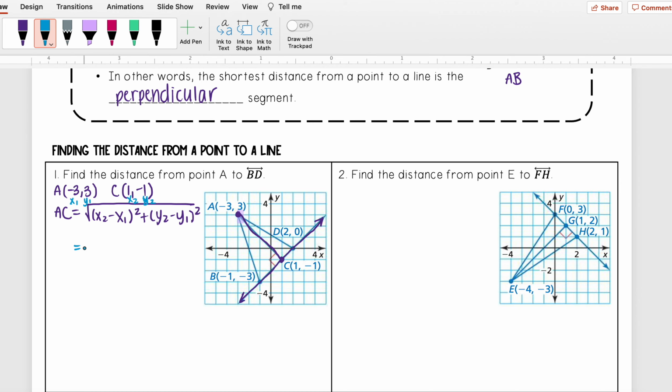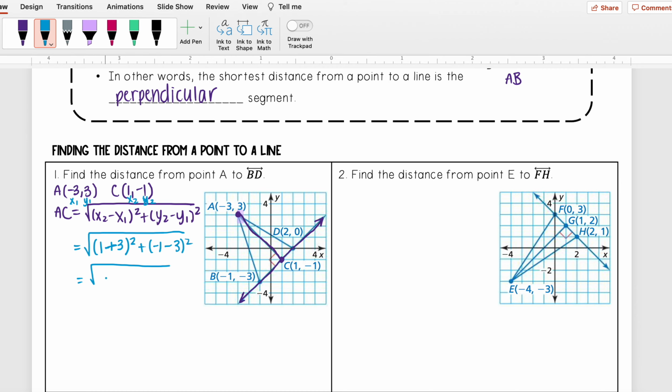Now I want to plug those values in. For x2 I have 1, minus a -3, so I'm subtracting a -3, which really means I'm just adding 3. Whenever I subtract a negative, that really becomes a positive. And then my y2 is -1 minus y1, which is 3.